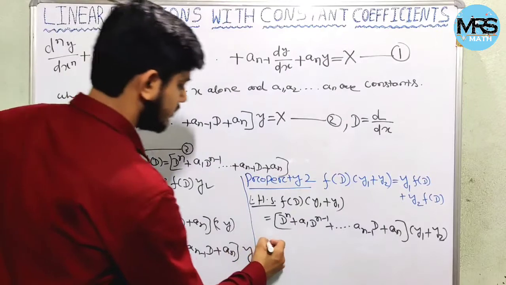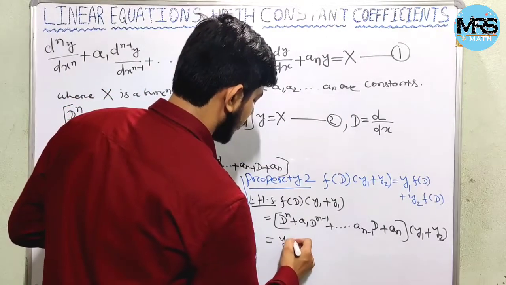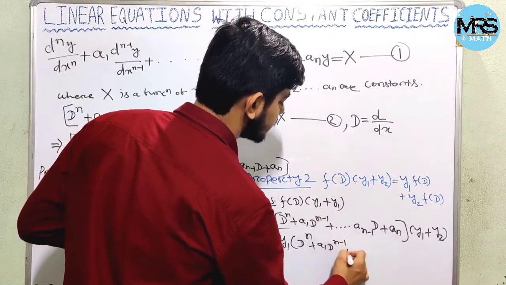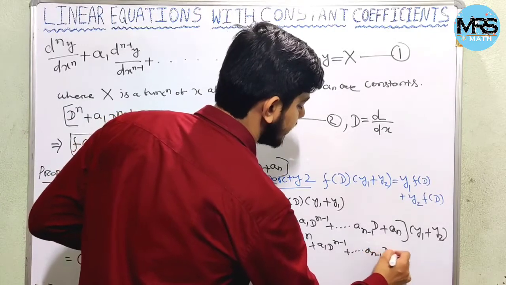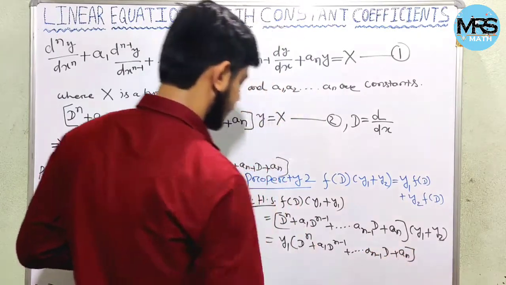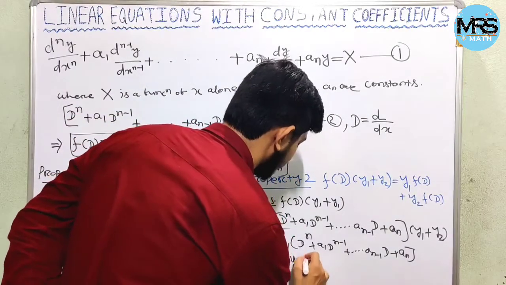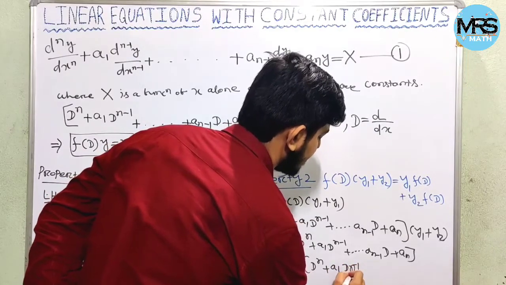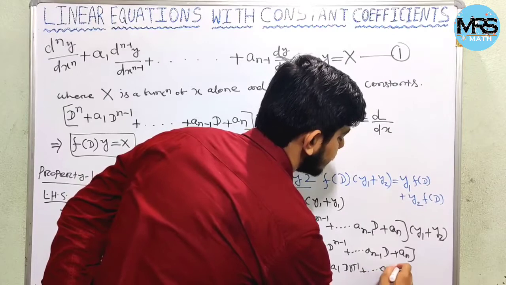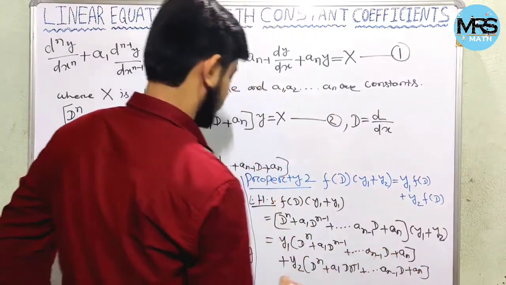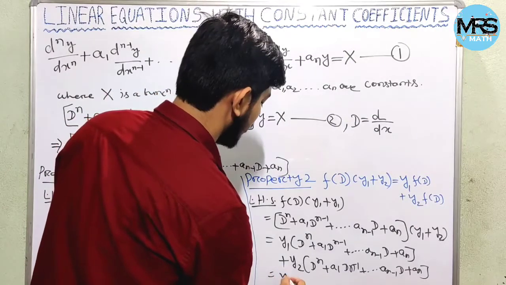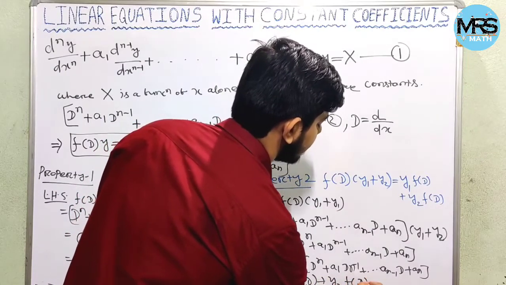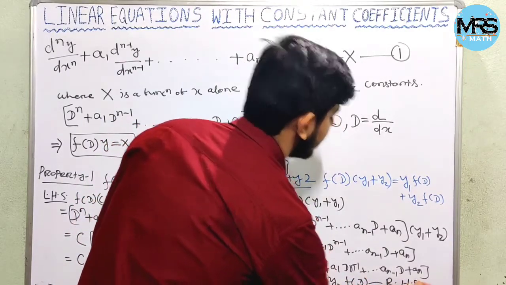So this equals y1 into (D^n plus a1 D^(n-1) up to a_(n-1) D plus a_n) plus y2 into (D^n plus a1 D^(n-1) up to a_(n-1) D plus a_n), which is y1 into f(D) plus y2 into f(D), our right hand side.